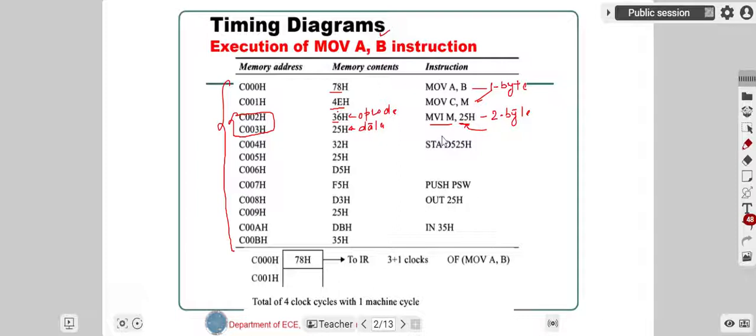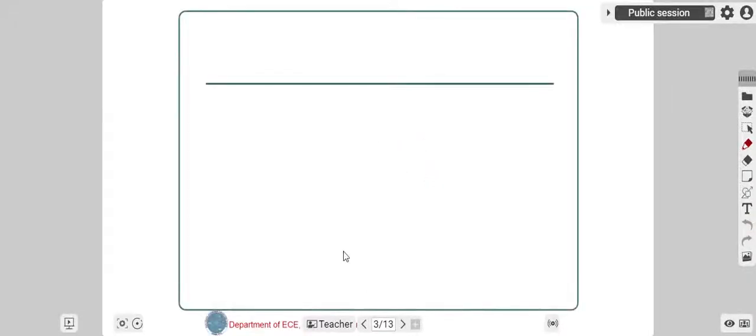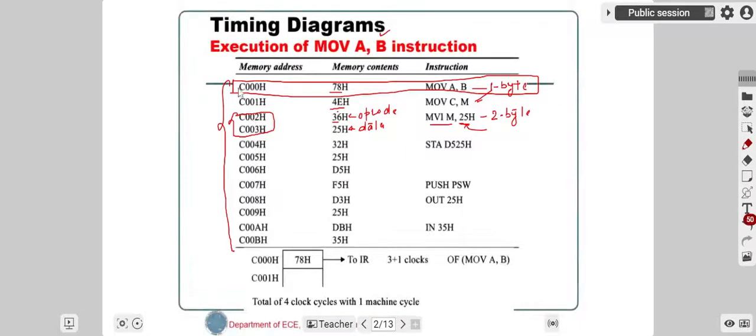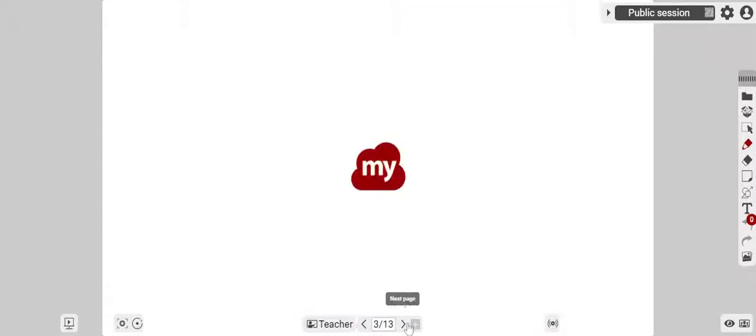So let us suppose that we are going to first see how the timing diagram for this instruction move A comma B is drawn. We already saw in the previous slide that this instruction has been stored in the memory location C000H.